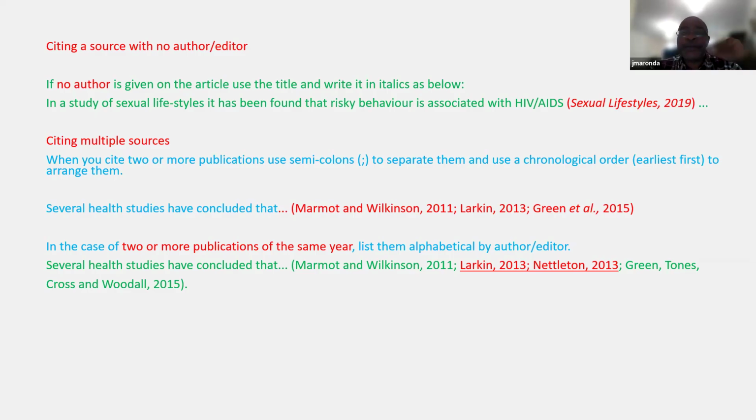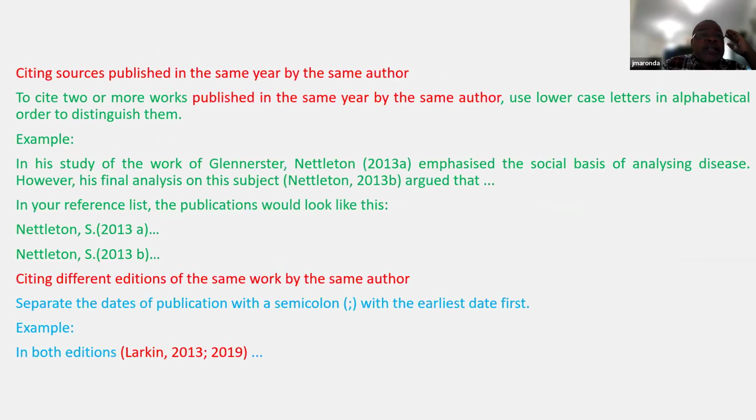However, where the dates are the same within that multiple reference list, you just check the one that comes in the alphabet first, followed by the next in alphabetical order. For example, here you can see Larkin and Nettleton were both published in 2013. So just put Larkin first.